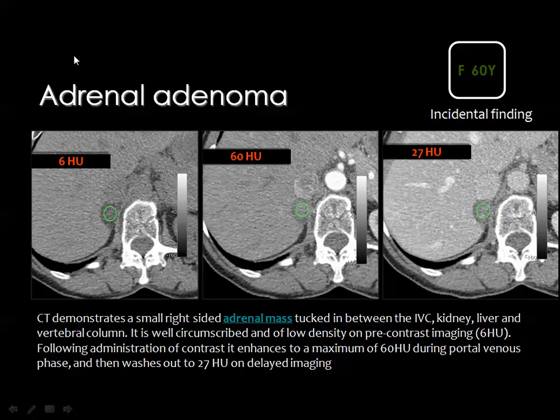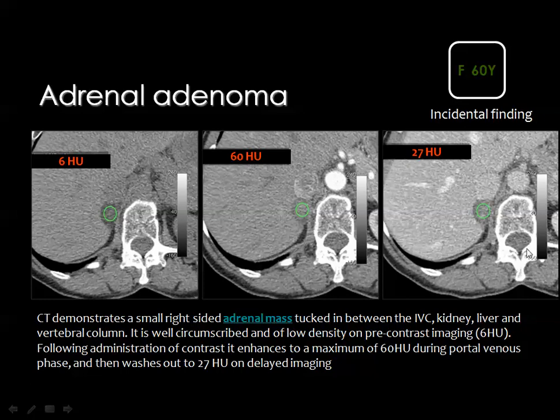Then let us look at this example by CT. There is an adrenal mass on the right side. The density in the pre-contrast scan is 6 Hounsfield unit. Then after injection of contrast, it is 60 Hounsfield unit.